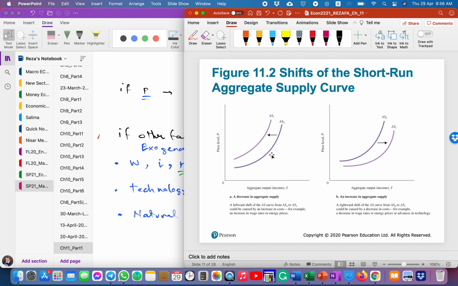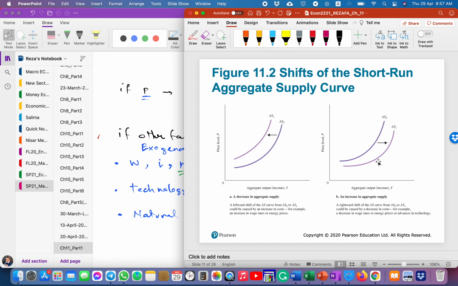So aggregate supply entirely shifts to the left if these factors change, for example an increase in the wage rate, energy prices or oil prices. And technology improvement, advanced technology, or wages becoming cheaper shift it to the right.